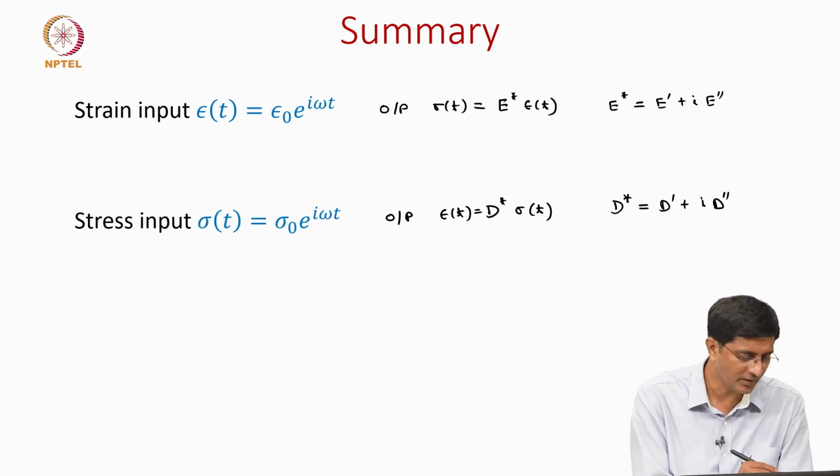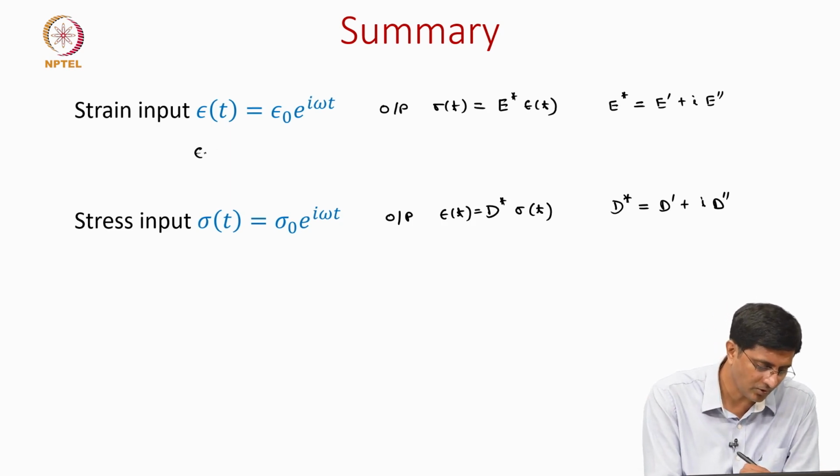So, we also looked for a strain input, let us say epsilon of t is epsilon naught times cos omega t.